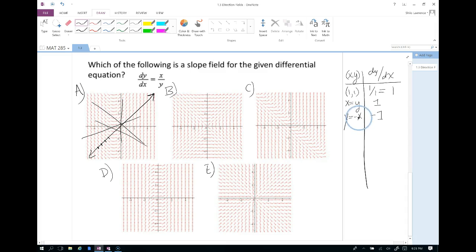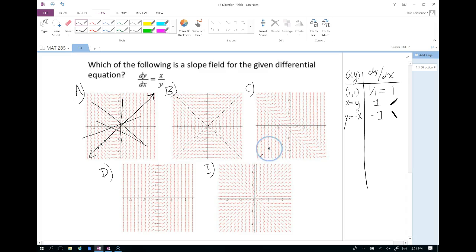So that's the line that goes through quadrant 2 and 4. So those are slopes of positive 1, those are slopes of negative 1. So when we are on the y equals x line, we have slopes of positive 1, just like this one does. And when we're on y equals negative x, we have slopes of negative 1. So B matches up good so far.